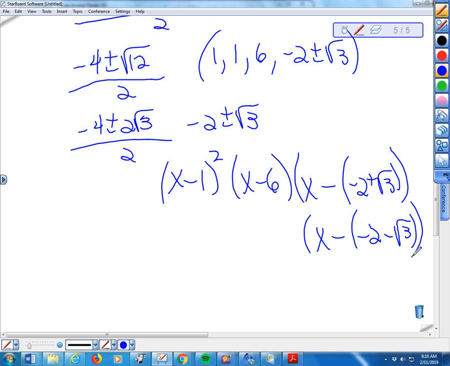This is just a number if I put it in the calculator, right? And when you write a factor, it's always x minus whatever that number is. Okay, so that's how I would factor it.